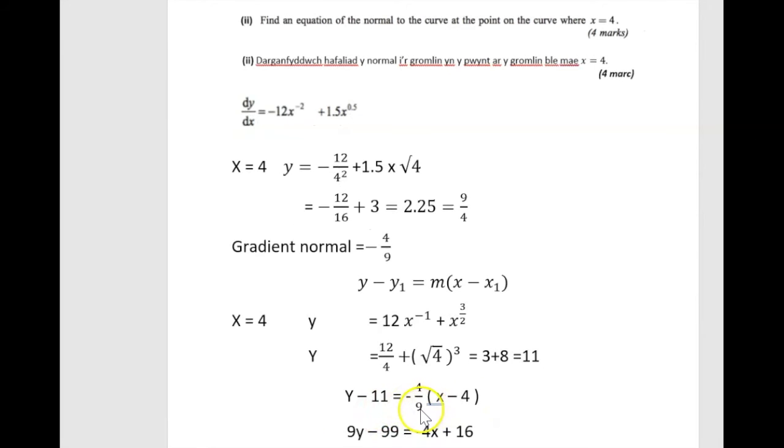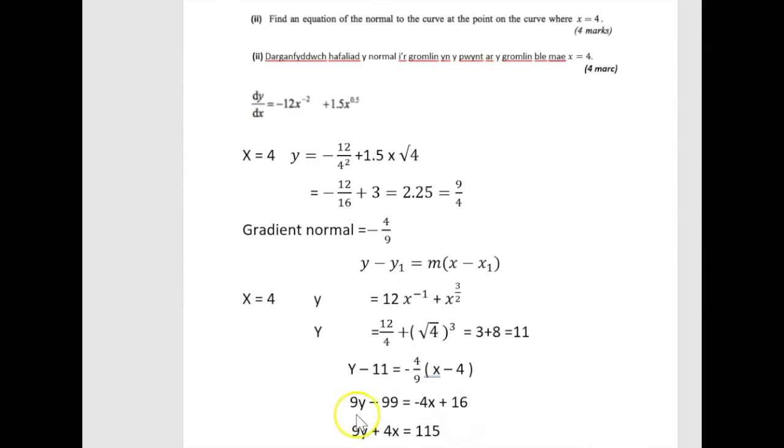Let's multiply through by the 9, so we get 9y minus 99 equals minus 4x. Minus 4 times minus 4 is plus 16. If we rearrange that, we'll have 9y plus 4x equals 16 plus 99, which is 115. 9y plus 4x equals 115.